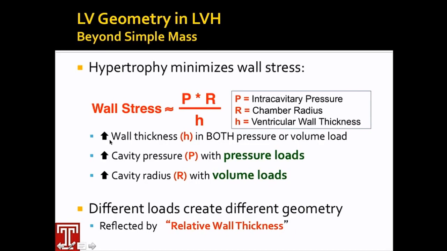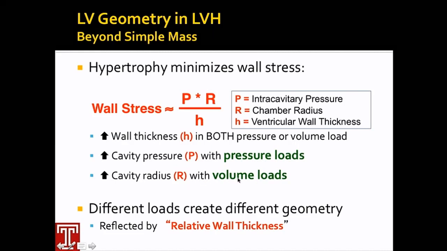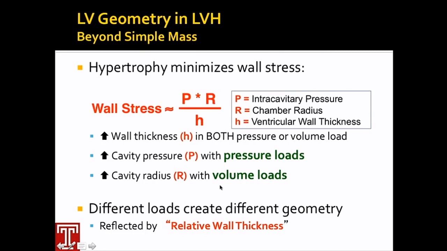With hypertrophy, wall thickness is increased in both pressure and volume overload. However, cavity pressure is the main driving force in pressure load, and cavity radius is the main driver of hypertrophy in volume loads. And they create a different appearance to the ventricle.